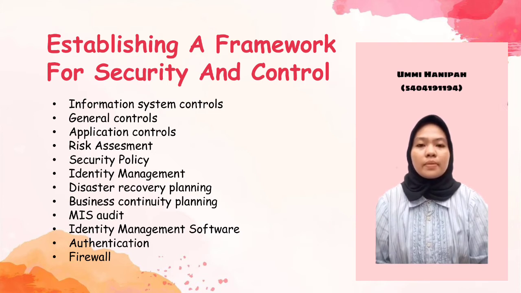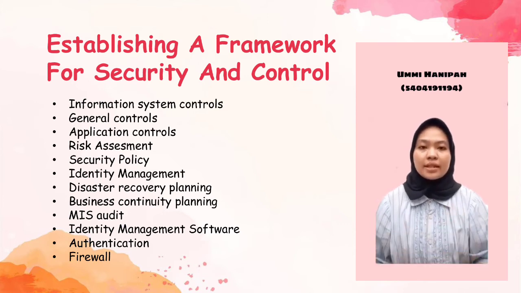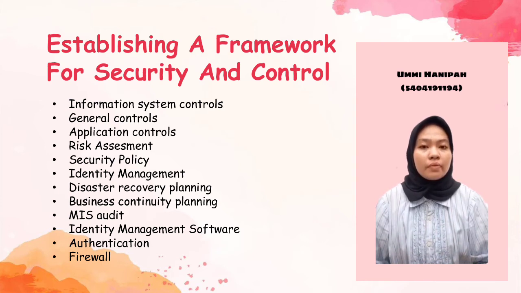Risk assessment determines the level of risk to the firm if a specific activity or process is not properly controlled. Security policy ranks information risks, identifies acceptable security goals, and identifies the mechanisms for achieving these goals. Identity management covers business processes and tools to identify valid system users and control access.